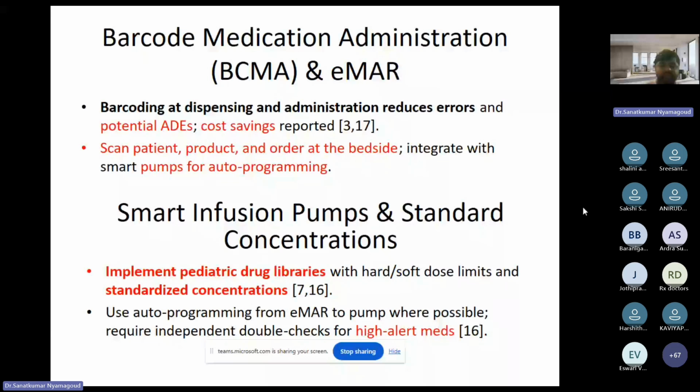So whether you have a hard copy or soft copy about those, it is better. And whenever anybody suggests you to prepare a pediatric dosing, you should prepare in a standard dosing format, standard concentrations. As I said, auto programming for a pump is very, very important. And always try to double check for high alert medications, as I discussed in the last slide.